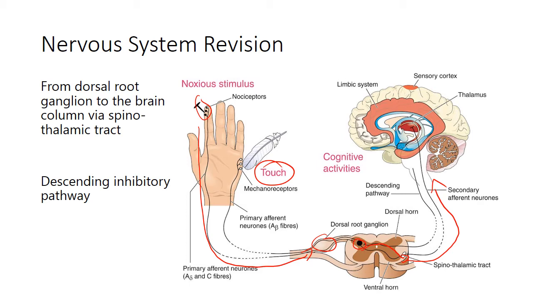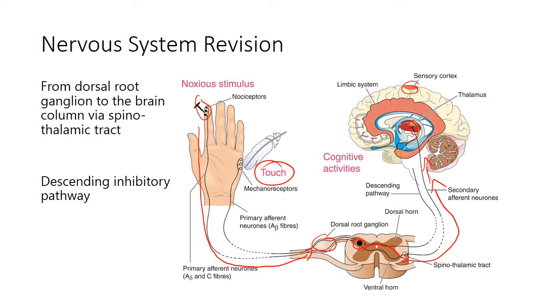So this travels up the spinal column and through the brain stem, where it's processed within the thalamus and the sensory cortex. This is where we actually now perceive pain. So everything up to this point was purely a neurological signal, and now this is where we actually start to perceive pain.